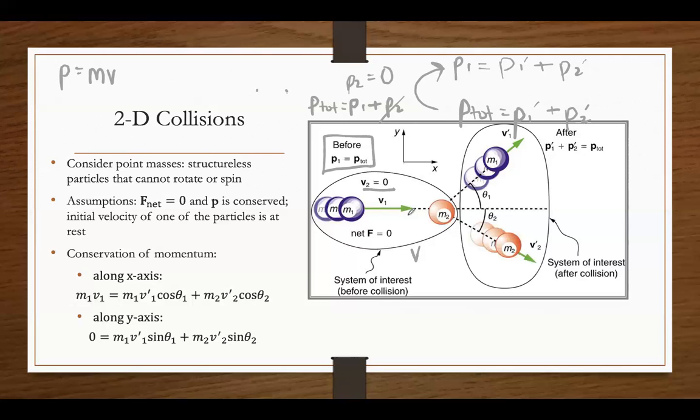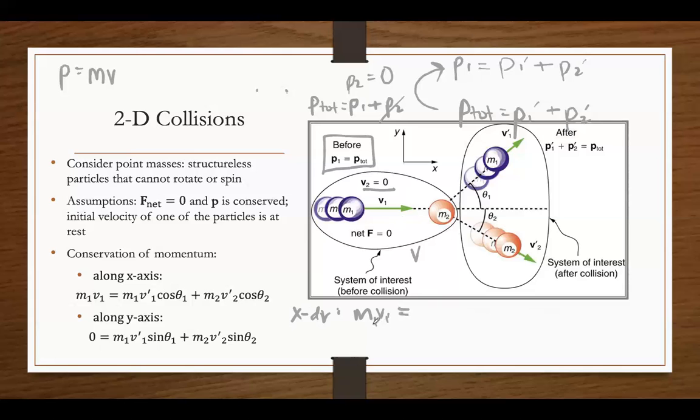Our velocity was just moving in the X direction. So looking at the X direction, P1 is going to be M1 times V1. Since it's along the X axis, I don't have to do anything fancy with it. That's all it is.